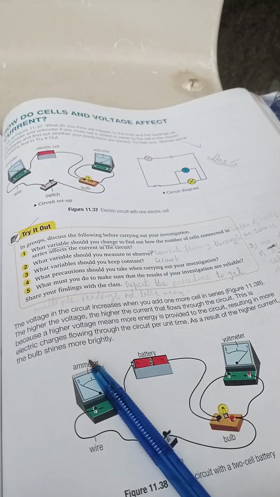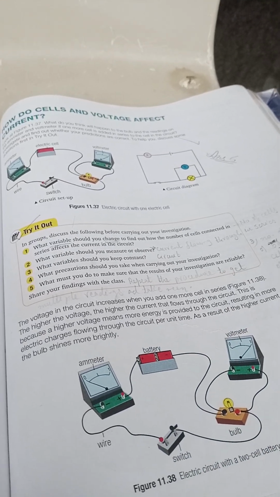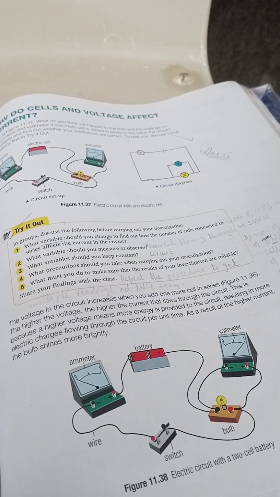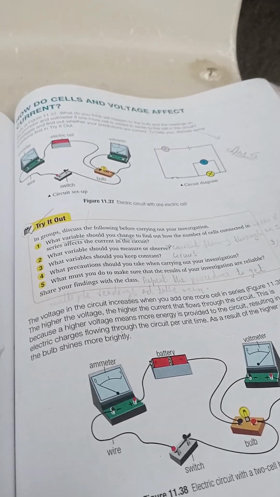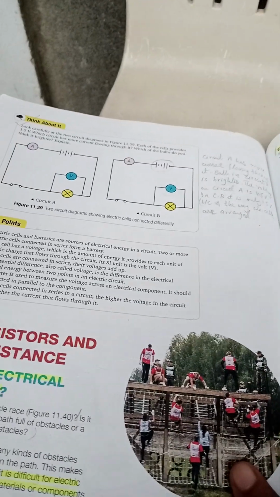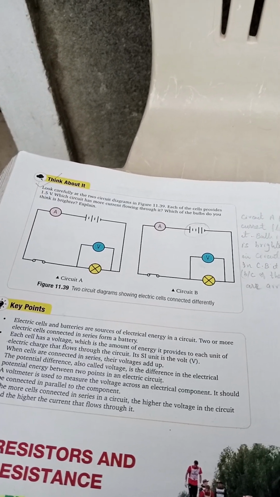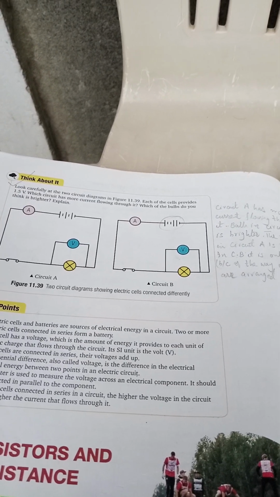This is because the higher voltage means more energy is provided to the circuit, resulting in more electric charges flowing through the circuit per unit time. So these are the key points you can see in your book.